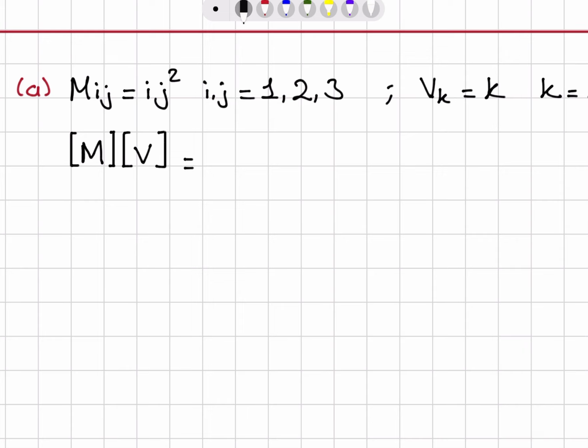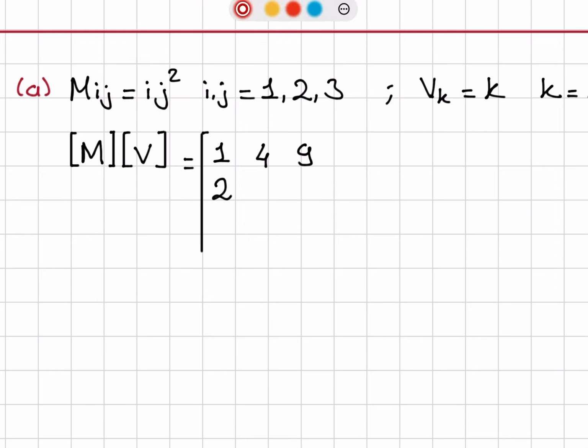Let's see the elements of the M matrix here. First row, first column, 1 times 1 squared, this will give me 1. First row, second column, 1 times 2 squared, which will give me 4. First row, third column, 1 times 3 squared, which is 9. Second row, first column, 2 times 1 squared is 2.